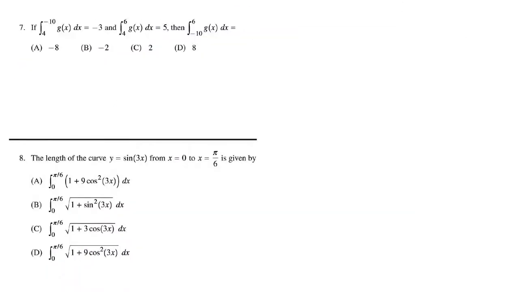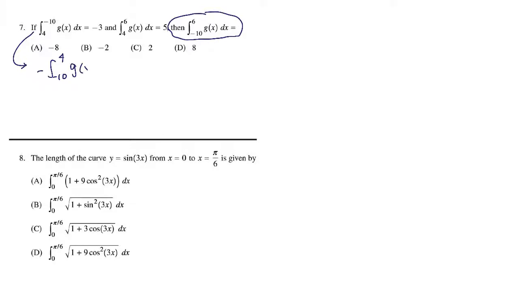All right, for number 7, we are asked to find the value of the integral from negative 10 to 6 of g of x, and we're given pieces of it. The first thing we need to do with the first part that we're given is flip our endpoints, so we will need to put a negative out front.